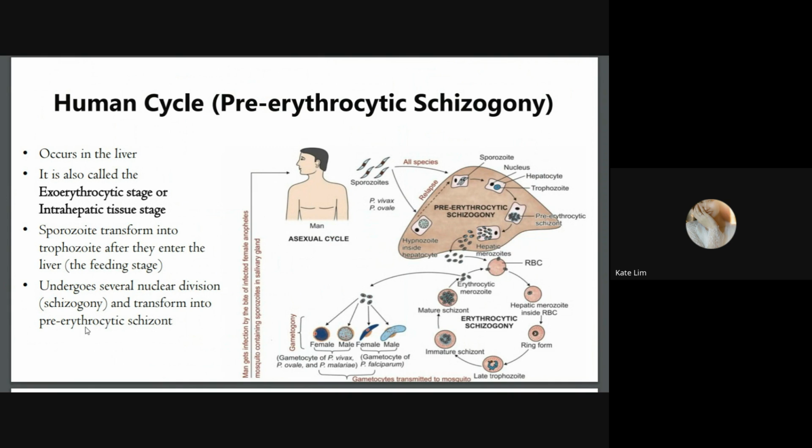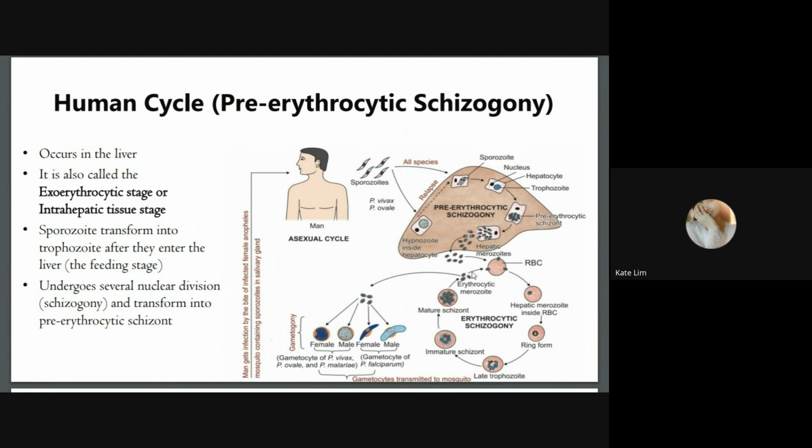So the schizonts would multiply inside the hepatocytes. And what will happen if the schizonts keep on multiplying inside the hepatocytes? The hepatocytes would eventually burst, releasing your hepatic merozoites.